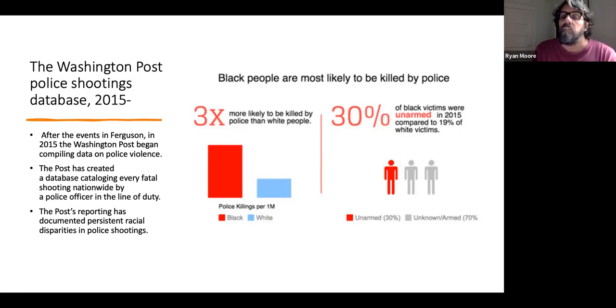Among their findings are that Black people are 3 times more likely to be killed by the police than white people, and 30% of Black victims were unarmed compared to 19% of white victims. So Black victims are more likely unarmed than white ones.